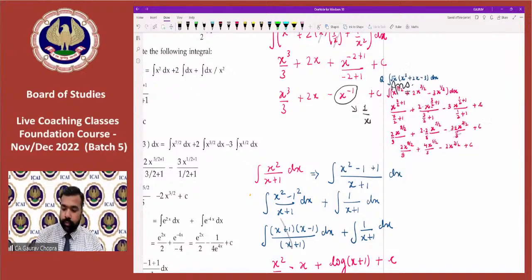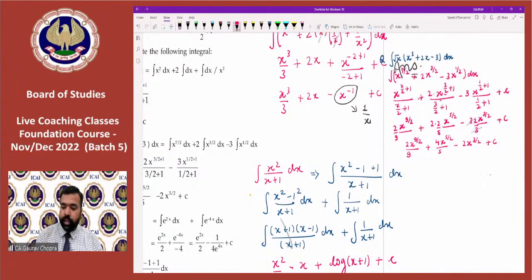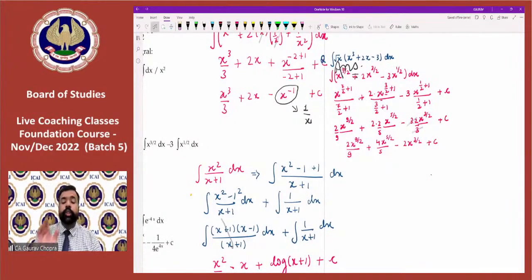Yeah, so in this second step, what we had done, first of all, we had multiplied root x with the whole bracket. After multiplying, we got the powers.